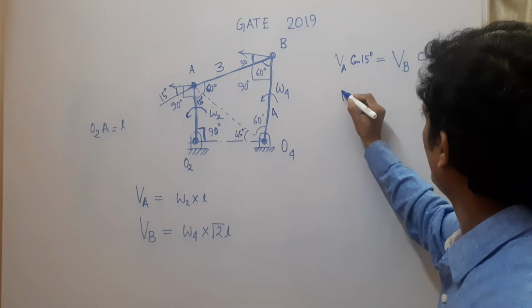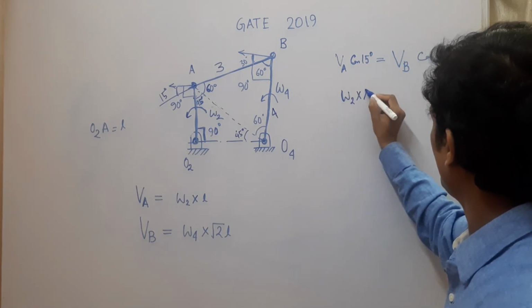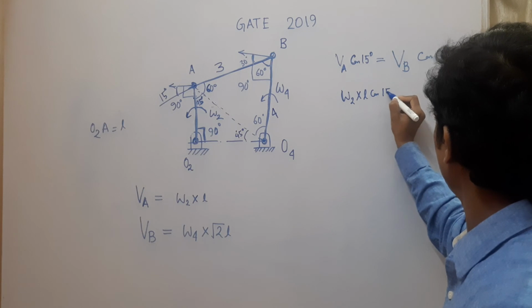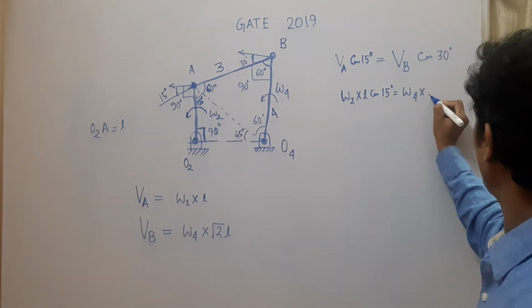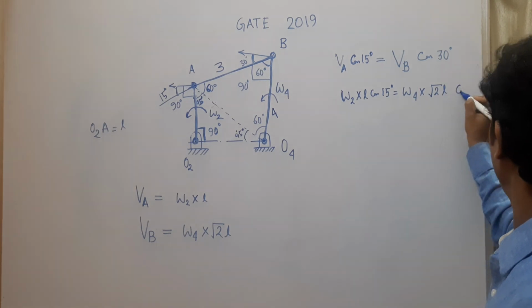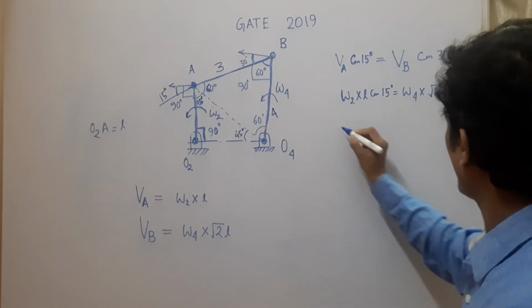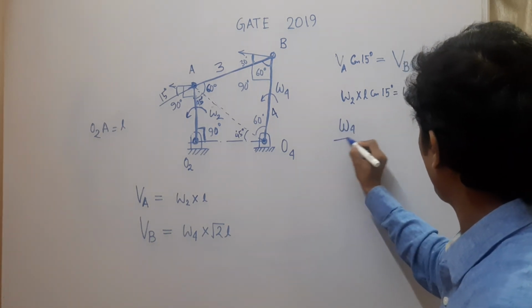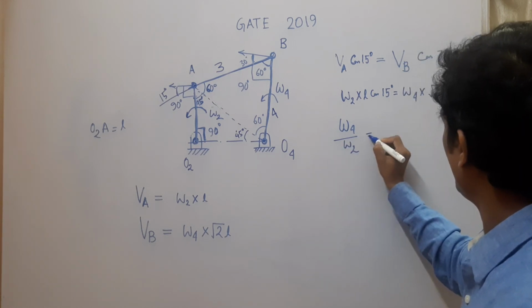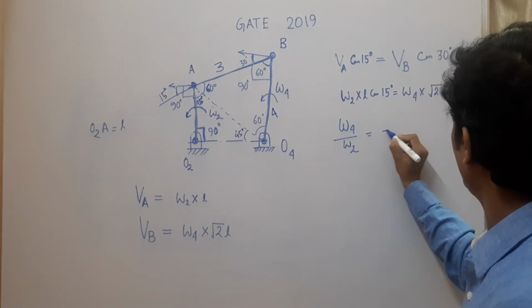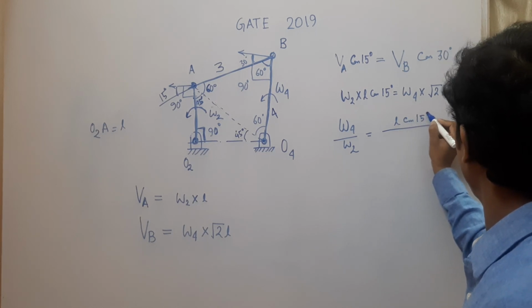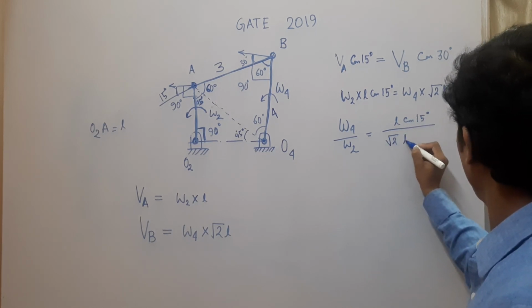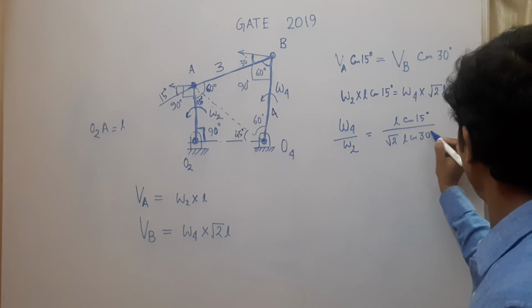So omega 2 into L cos 15 degree is equal to omega 4 into root 2 L cos 30 degree. So omega 4 by omega 2 is equal to L cos 15 degree by root 2 L cos 30 degree.